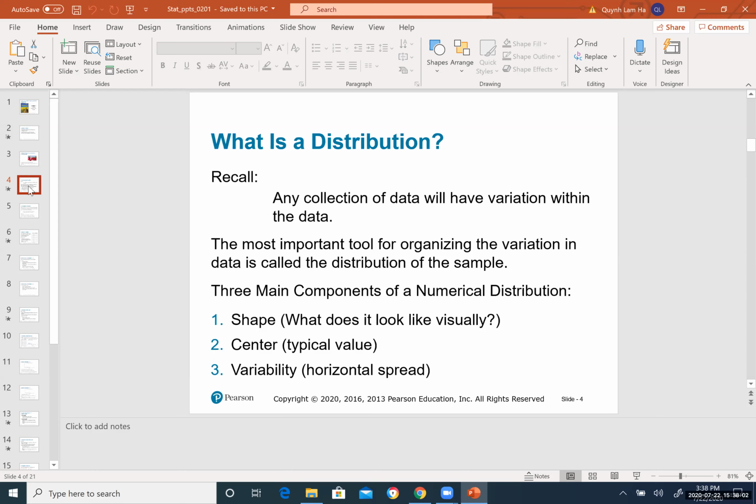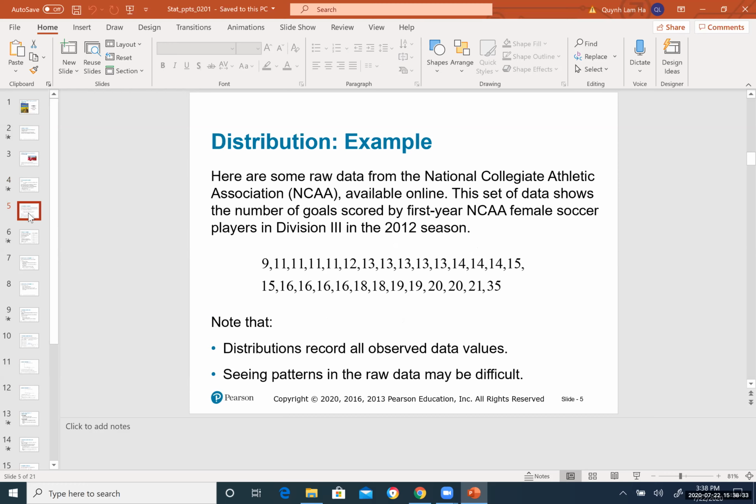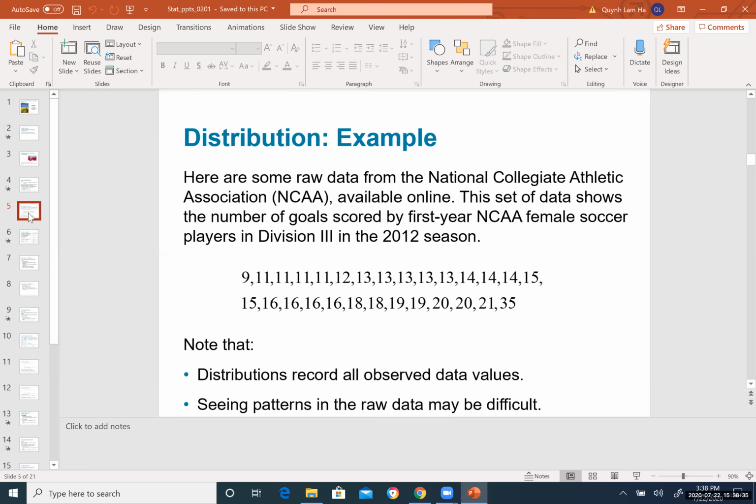So remember these three components: the shape, what the center is, and the variability. Is it strong or weak, or is it spread out a lot or shrunk in near the center? Those types of questions you can write out or keep in mind for now. You will understand a lot as we move along.